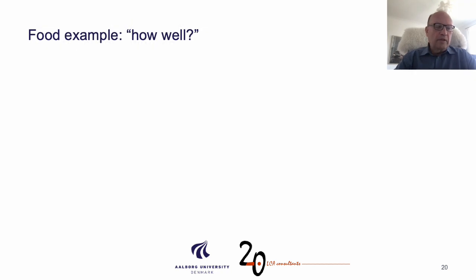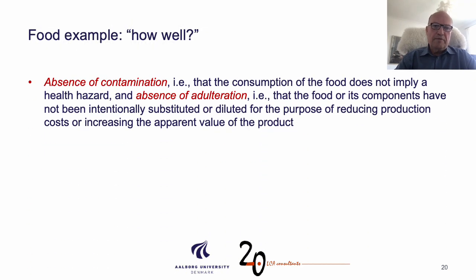If we look at the how well aspect of the functional unit or obligatory product properties, the most obvious quality issue is, of course, absence of contamination or absence of adulteration.